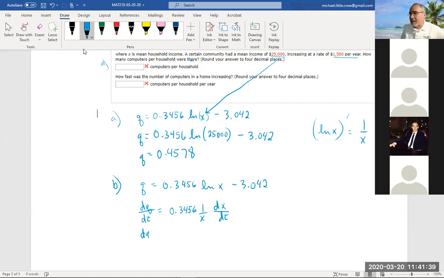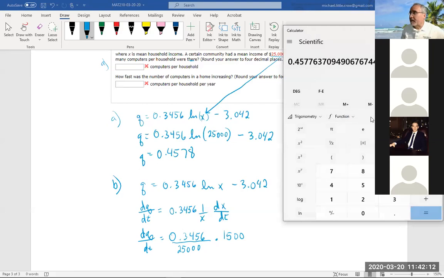So dq dt equals 0.3456, and I'm going to divide by the 25,000, that's the x, divided by x, times dx dt, so that's times 1,500. So I do the math on this, and that's going to be our answer. 0.3456 divided by 25,000.